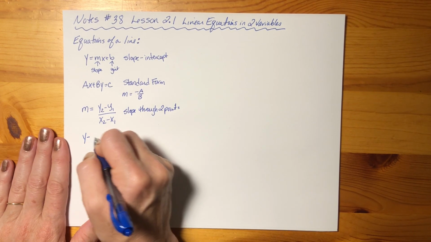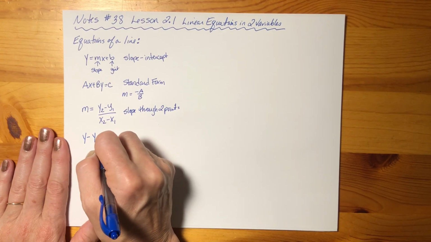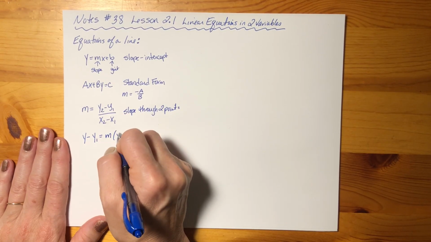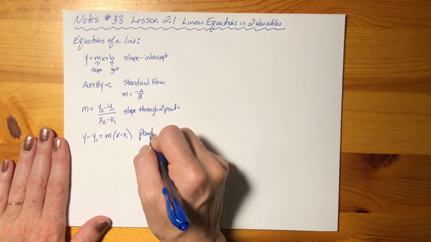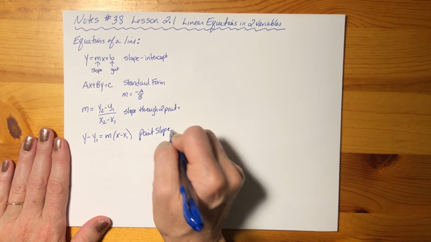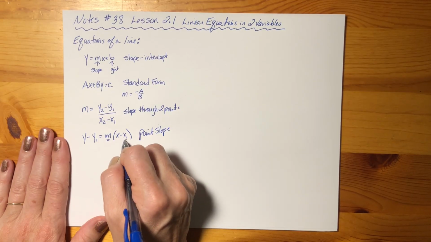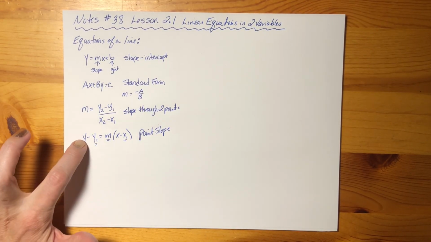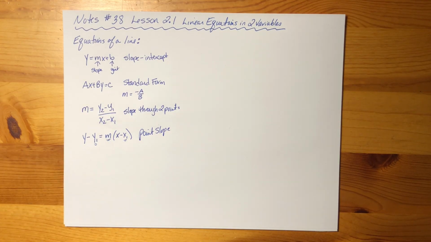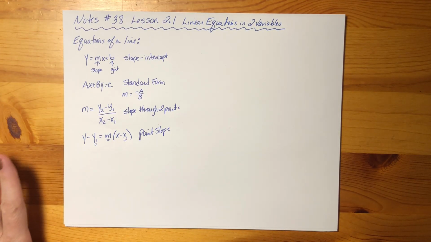So you're going to use this one when you have a point and the slope: y minus y1 equals m times x minus x1. You're going to substitute in m, and you're going to substitute in x sub 1 and y sub 1. The x and the y would stay in your equation because that's what gives you the equation of the line. So 4 big equations for you to make sure you understand.